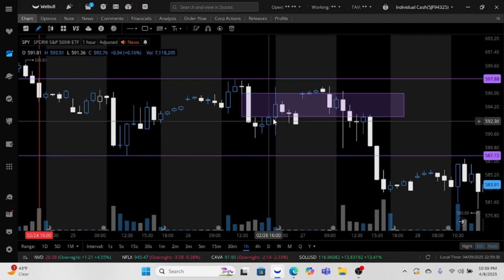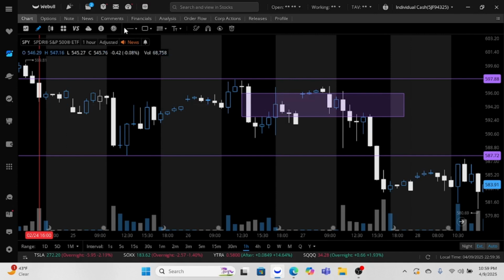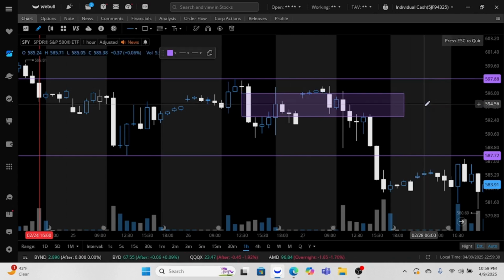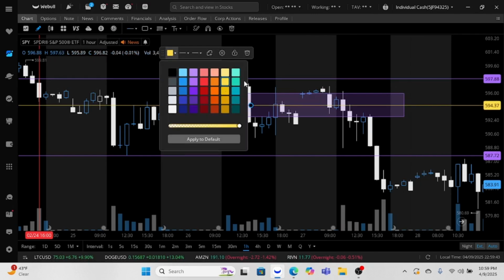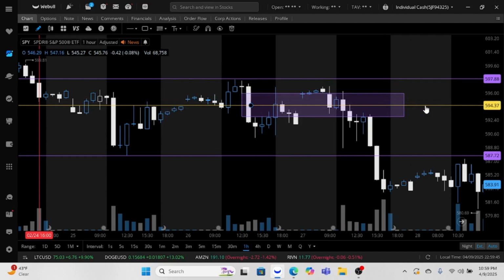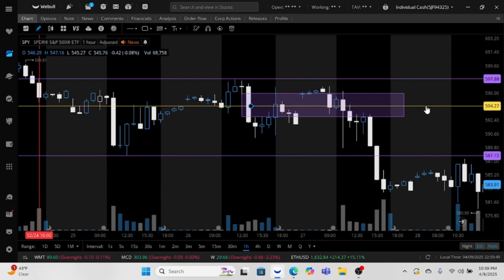Look how price came into the fair value gap. Let's draw a midpoint. So this is the middle of the fair value gap. I'll make that yellow. Yeah, that's about the middle.